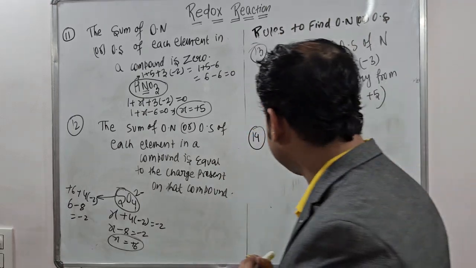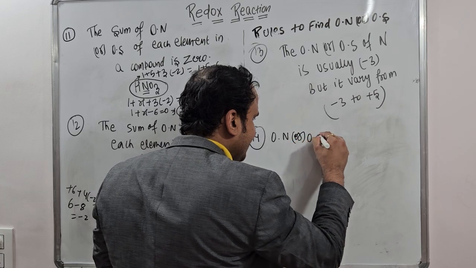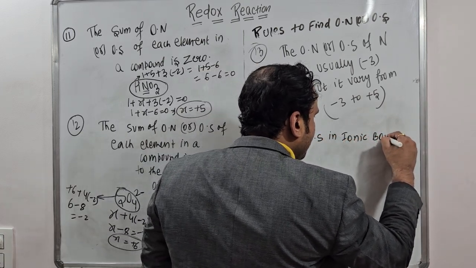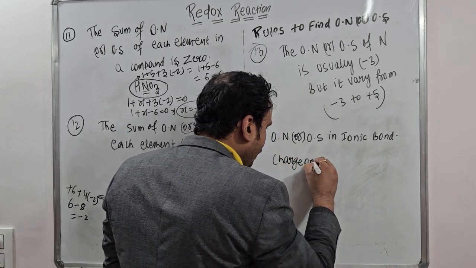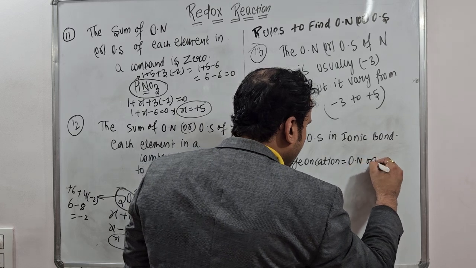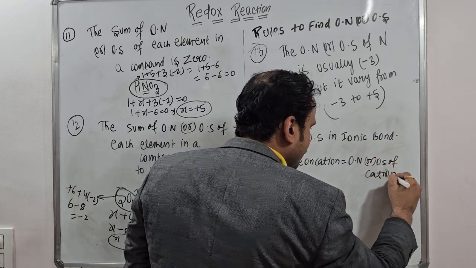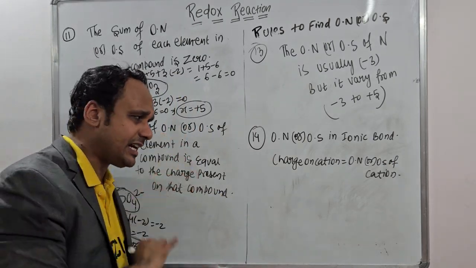Now come to point number 14. Point number 14 is saying the oxidation number or oxidation state in ionic bond. So it is saying that the charge on a cation is the oxidation number or oxidation state of the cation. Whatever charge is present on the cation is considered to be its oxidation number or oxidation state.